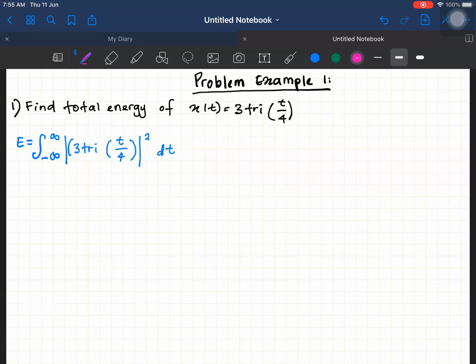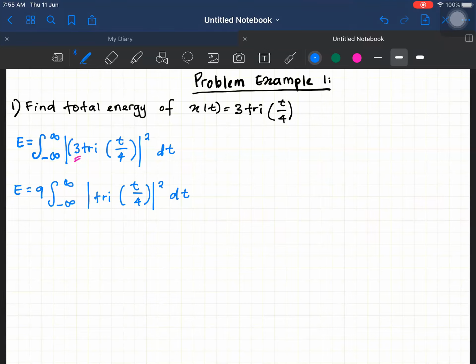This 3 here is simply a constant, so we can take it out. We can rewrite it with the power of 2, so it will be 9, integral from minus infinity to infinity, and we are left with tri t over 4 squared dt.